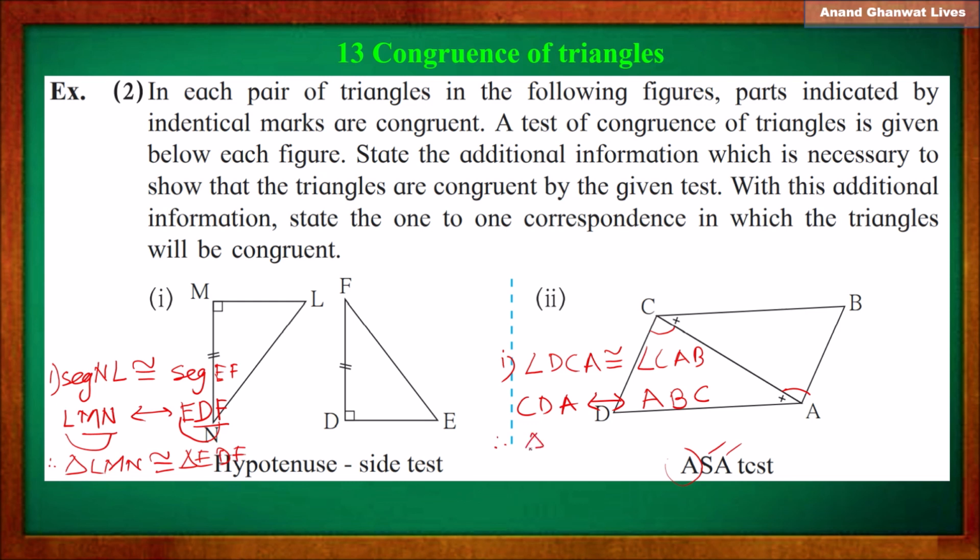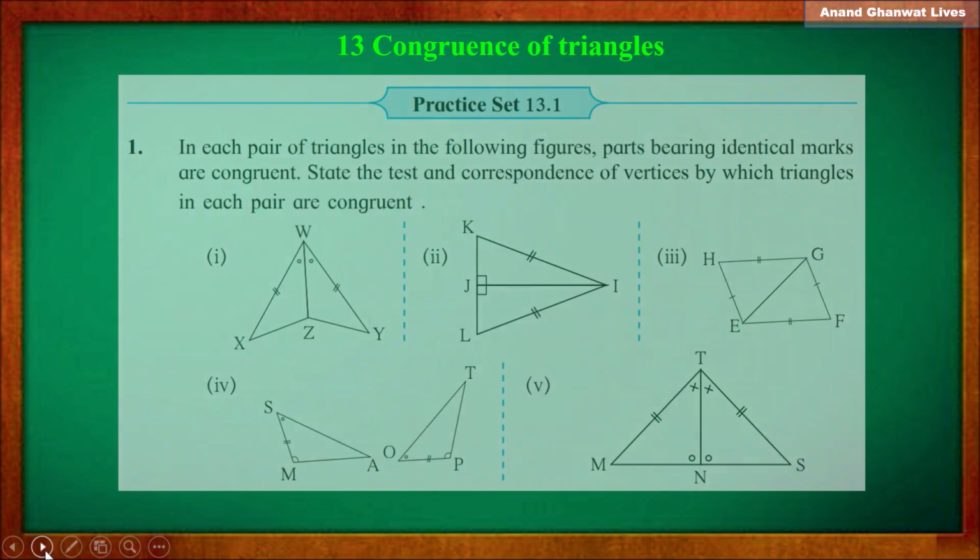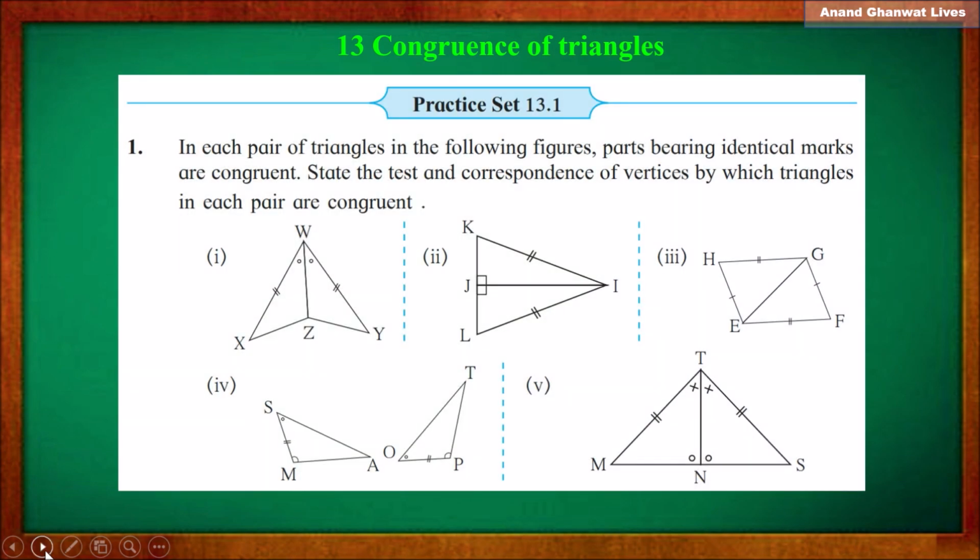Therefore triangle CDA is congruent with triangle ABC. So in this way we can write the correspondence. Now next, you have to solve practice set 13.1.